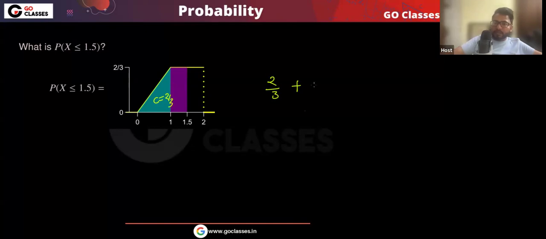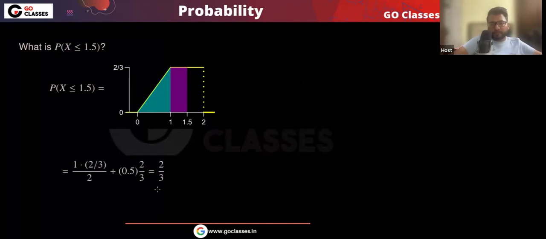Which is C into 0.5, which is C by 2. Okay, sorry, this is C by 2 only, which is 2 by 6. So it should be C by 2 plus C by 2, which is C, which is just 2 by 3, right?